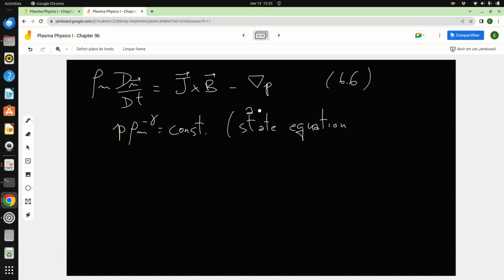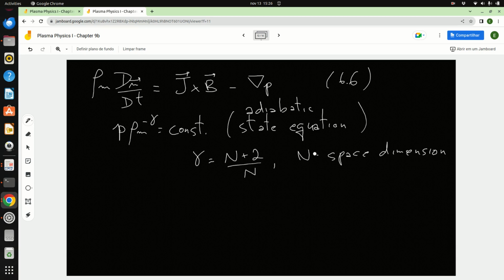Actually adiabatic, right? Adiabatic, no heat flux. Adiabatic state equation, where you have gamma given by n plus 2 over n, where n is the dimension of space. It's usually either 2 or 3, right? If you have a 3 dimensions simulation.